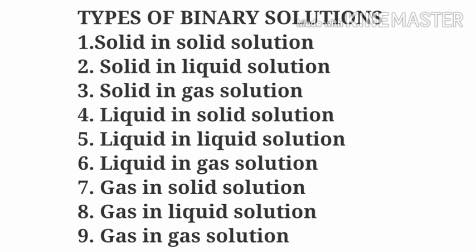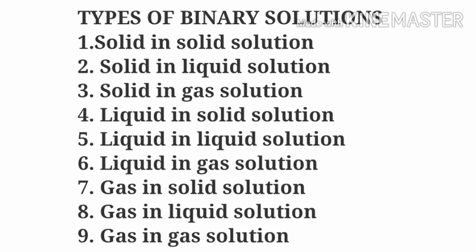For example, when solid is acting as the solvent, we can have three different types of solution: solid in solid, liquid in solid, and gas in solid. Similarly, students, if liquid is acting as the solvent, then again we can have three different types: solid in liquid, liquid in liquid, and gas in liquid.